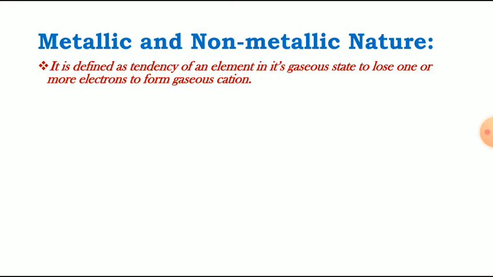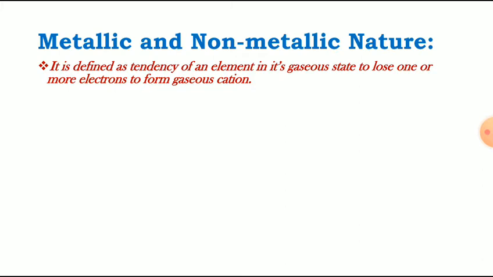See, when the element goes into the gaseous state, at that time it will lose either one or more electrons. Or you can say it will give the electron to another non-metal or any kind of atom, then that state will be the metallic and non-metallic character.